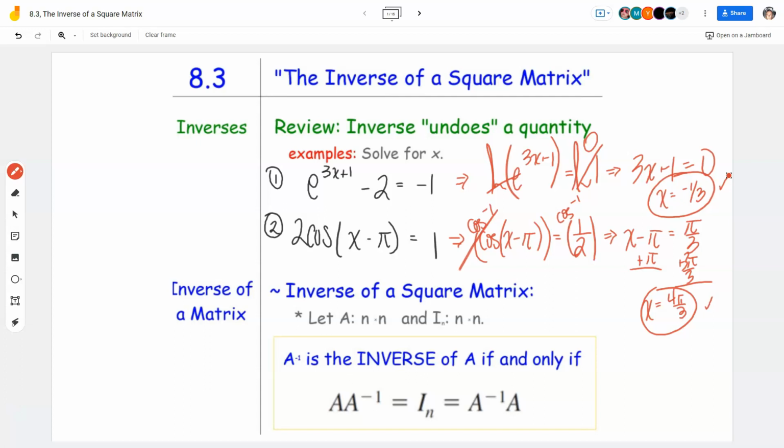But question, what chapter are we in? It's not exponentials and logs, and it's not trig. It's matrices. So, does anybody know any of the terminology up here? What do you think the capital A is representing? A could be an angle in geometry.